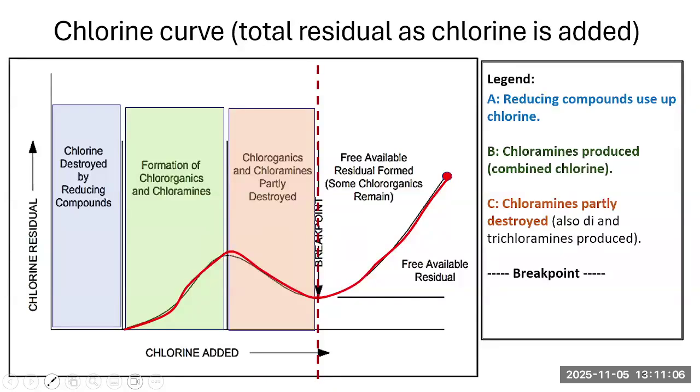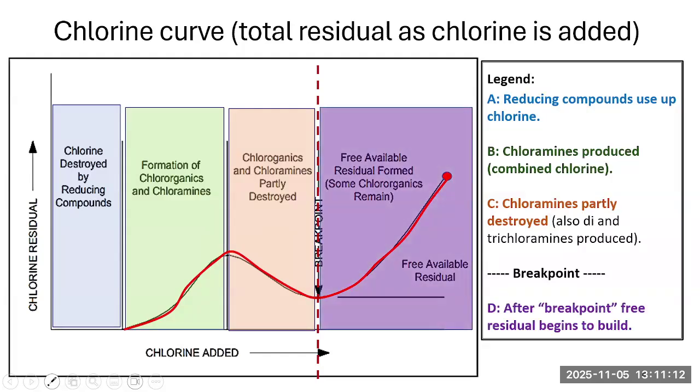So it's an important thing. It's very counterintuitive. It becomes difficult to tell people to just stick with the plan, continue until you'll see the dividends. Get to break point and it'll start to get better. So that's something I really like to stress with people. It's an important thing. So that area below the break point, that's considered combined chlorine.